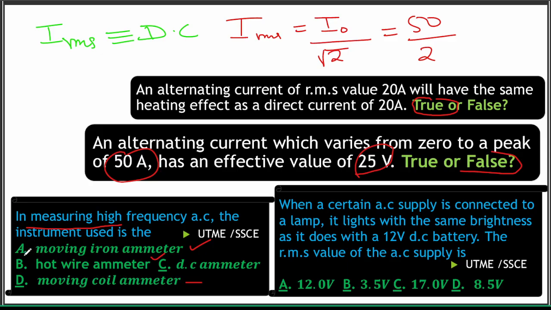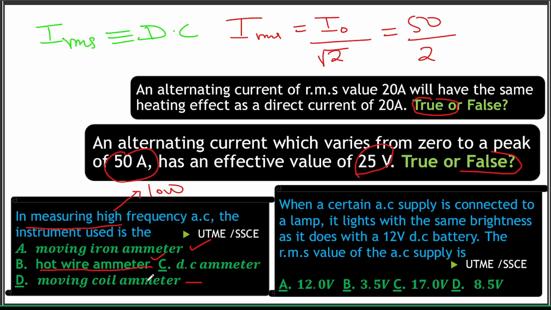We are left with option A and option B. Moving iron ammeter is used when the frequency is low, because this works based on the magnetic effect of current, whereas hot wire ammeter works based on the heating effect of current.